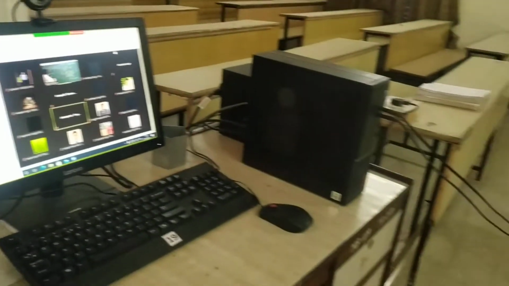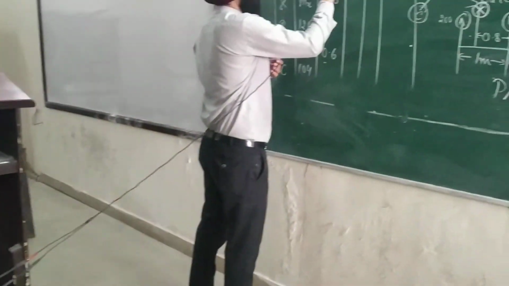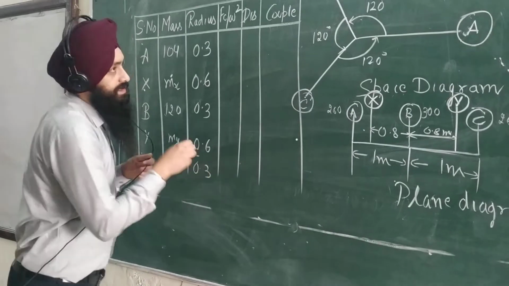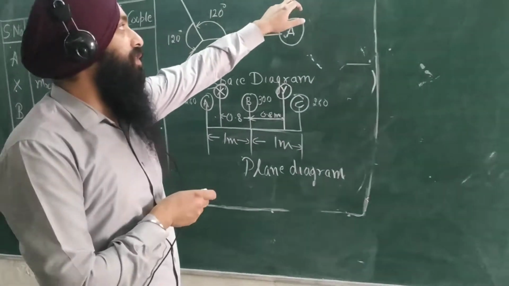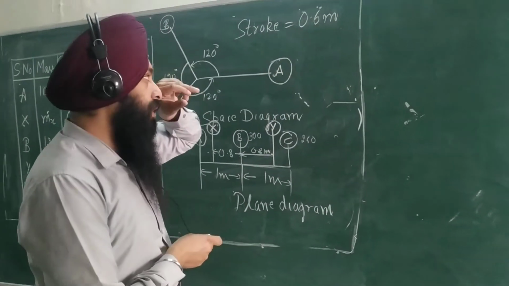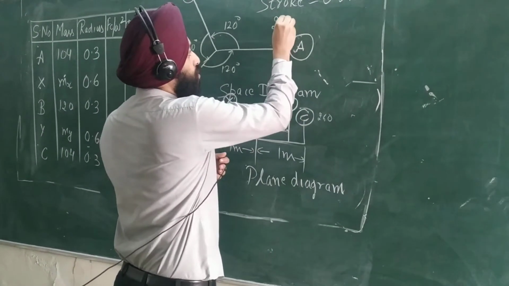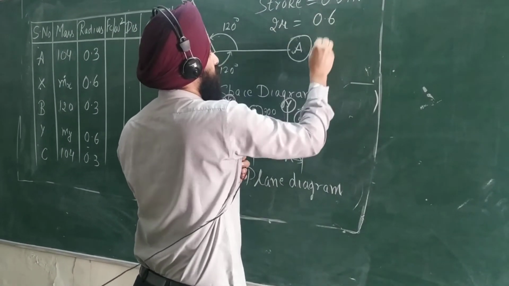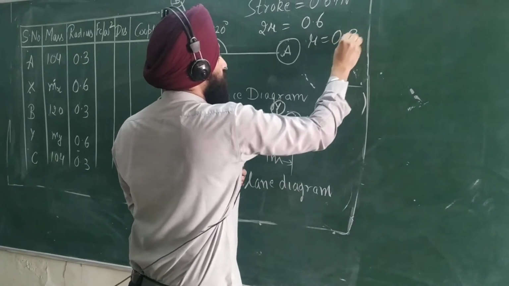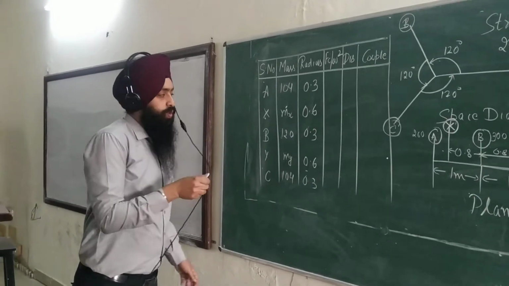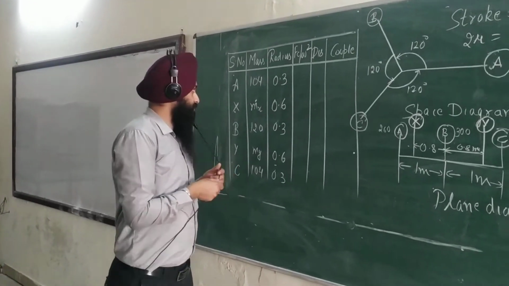The value of the remaining ones will be 0.3. It is given in the numerical that the stroke is 0.6 meter, and we know the stroke is 2 times the radius. So 2r is equal to 0.6, or r is equal to 0.3 meter.